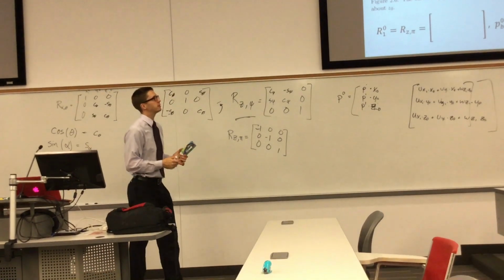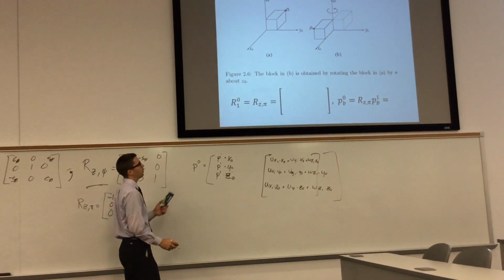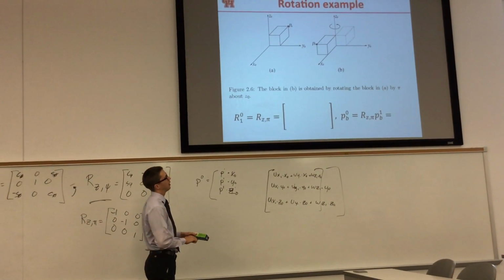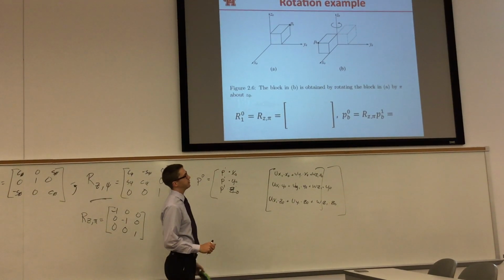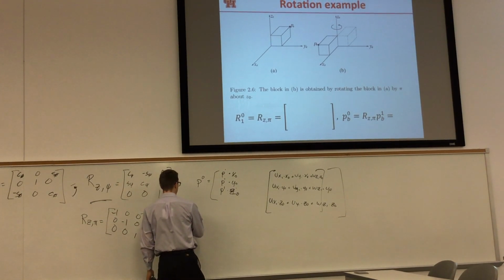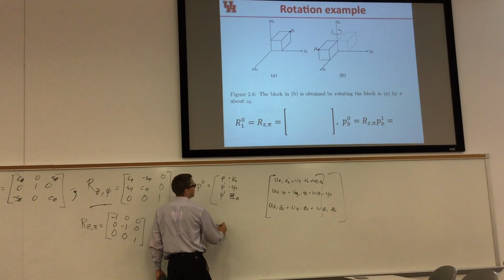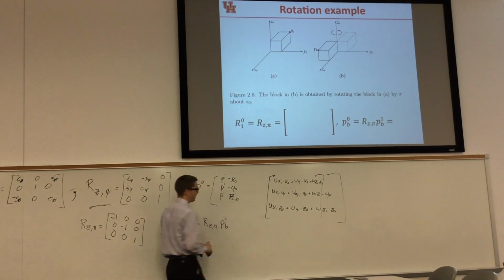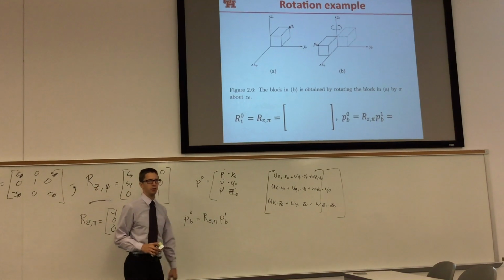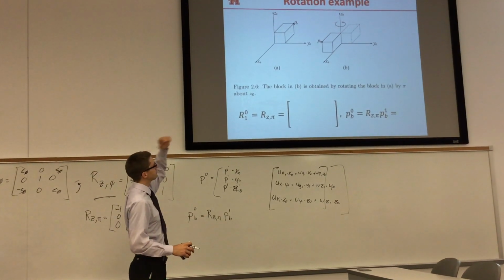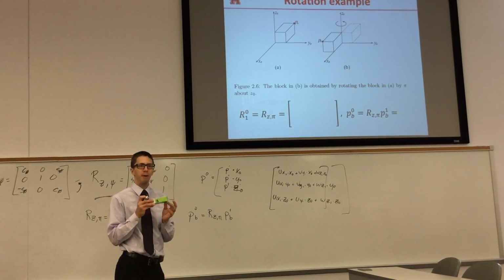And so now we want to know, what's going to happen to point PB? So I know what PB is in its initial orientation. And then I apply this rotation, and I want to see what happens. So P in the 0th frame is equal to this rotation times PB in its initial frame. Well, what is PB in its initial frame, in frame 1? We looked at it: PB hasn't changed its location in the box.